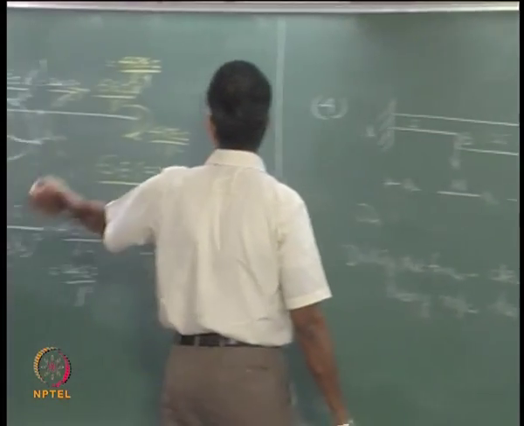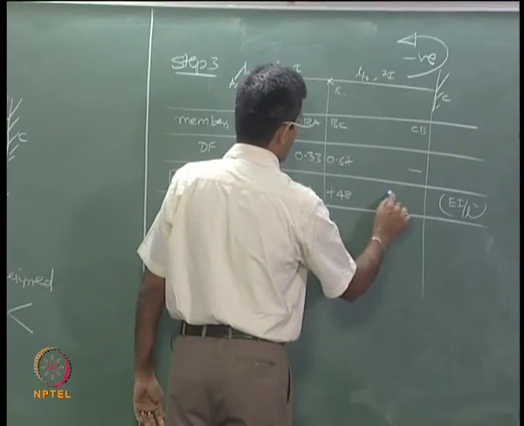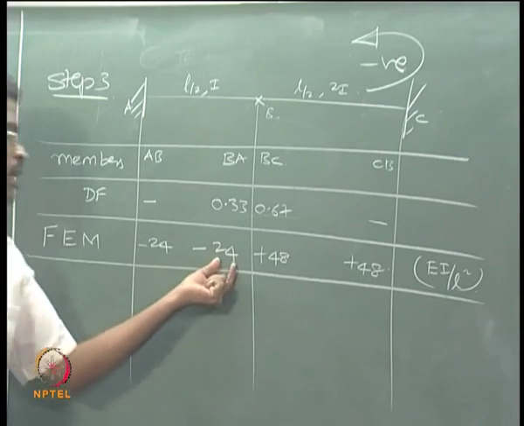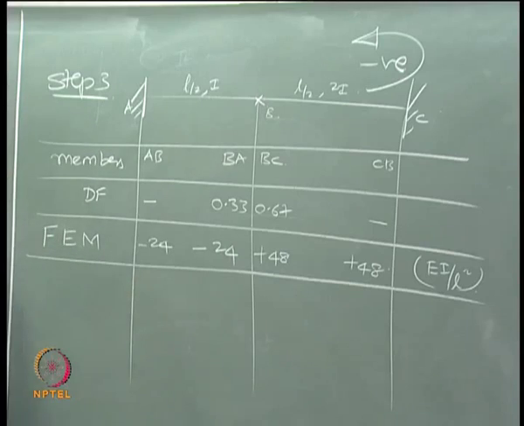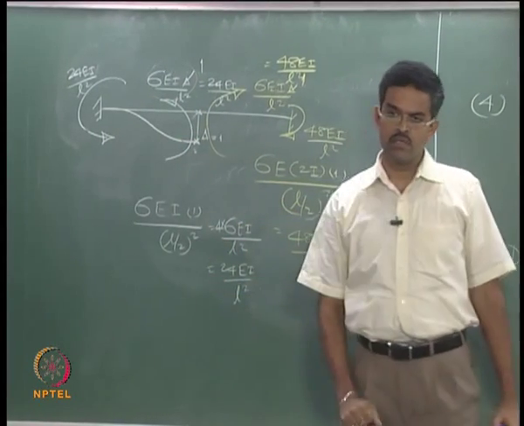Whereas for the member BC, it is clockwise, plus 48 and plus 48. So, at the joint B, I have got unbalanced moment, which is caused because of unit displacement created at this point, where I am interested to find the stiffness for the entire beam.